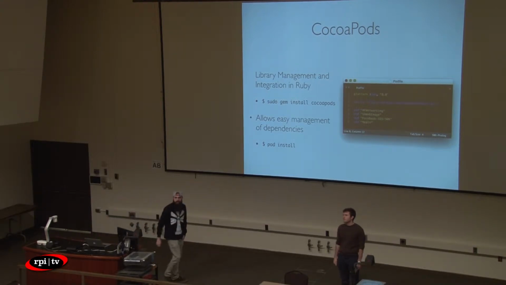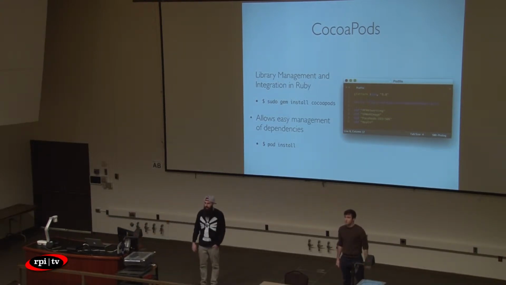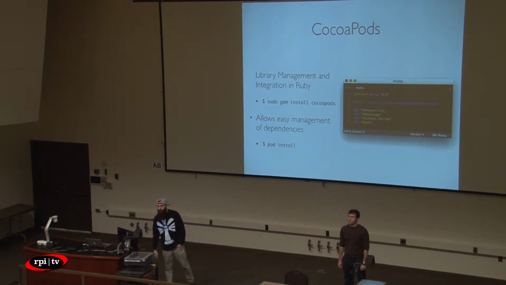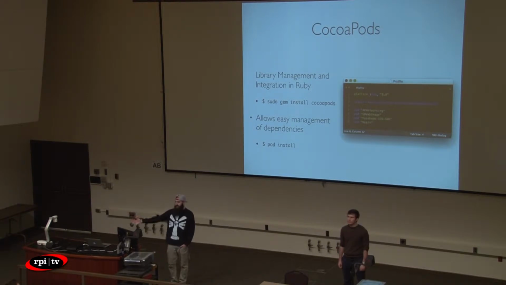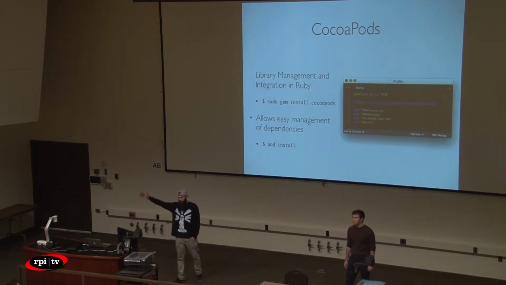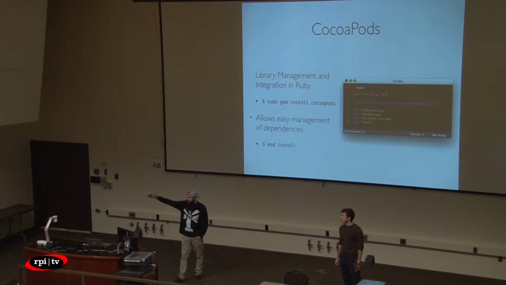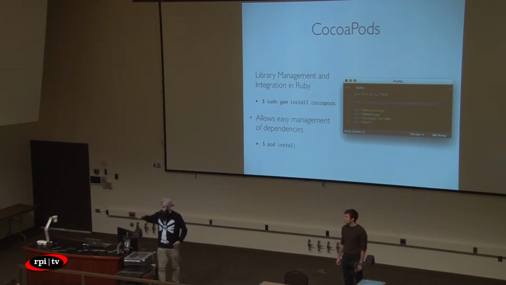So how are you going to use that Masonry package if you have to include that code? Well, you're going to use CocoaPods. CocoaPods is a way for you to manage your libraries integrated into your project. It uses a Ruby backend to allow you to super easily install these projects.